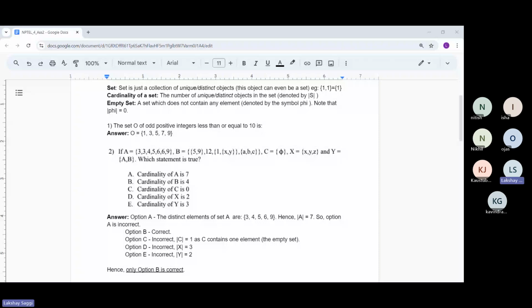A and B are said to be disjoint if there does not exist an element which is a member of both A and B. So in other words, what this means is that A intersection B is phi.